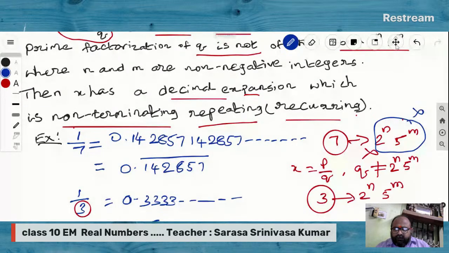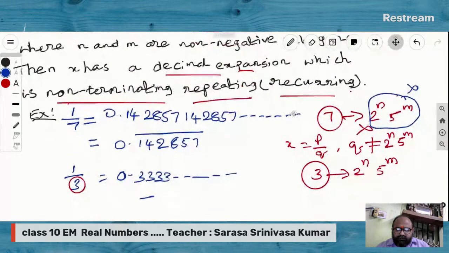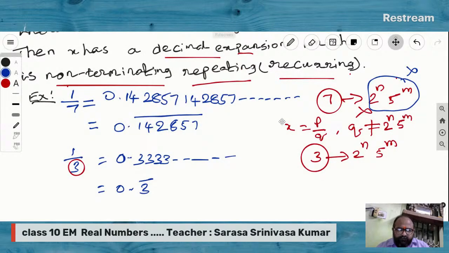And we consider another example to understand the statement of the theorem. 1 by 3. 3 is in the denominator, and it is not in the form of 2 power n 5 power m.